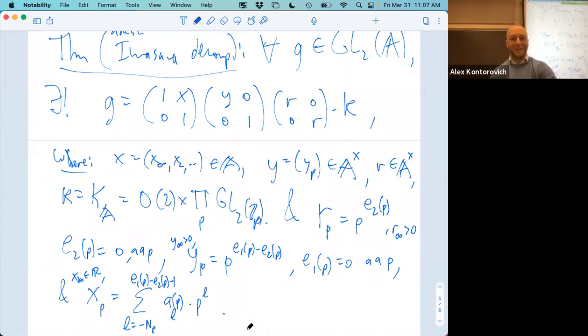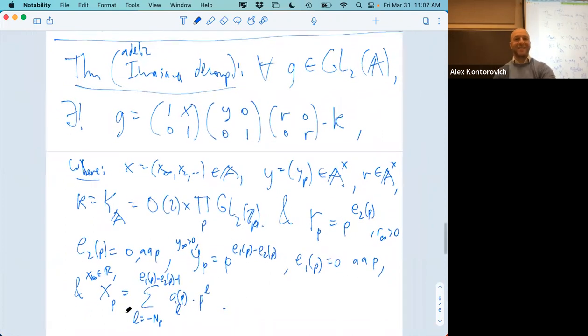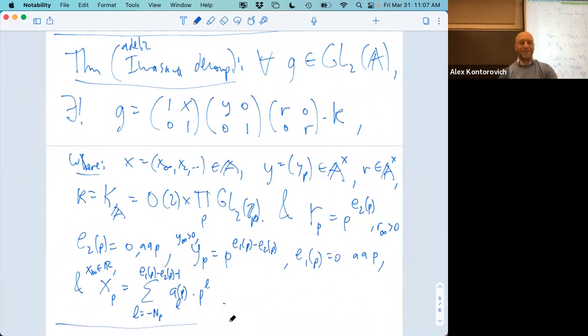Okay, that's the theorem. And the proof is 0 lines. We've already proved it. Once you do the decomposition place by place, the proof is local to global.